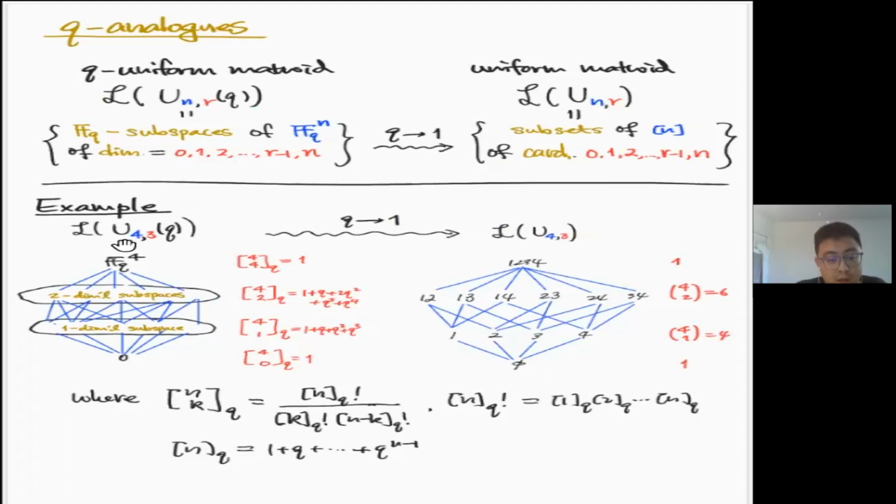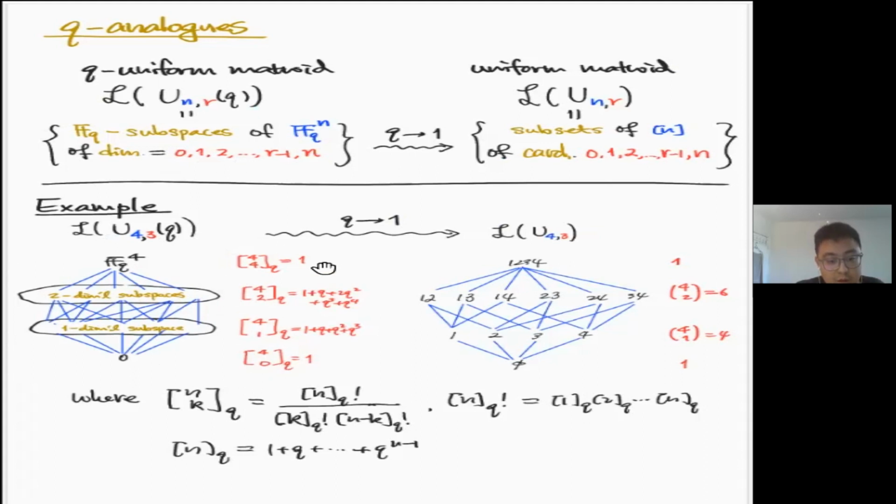So when n is 4 and r is 3, the lattice of flats of U_{4,3}(q) is the subspace lattice of F_q^4 with dimension 0, 1, and then 2, and then jumps to 4. So we truncate the dimension 3 part.